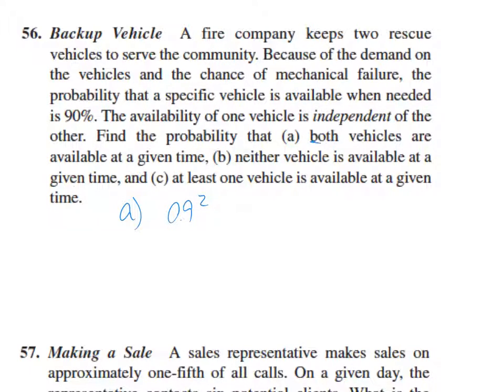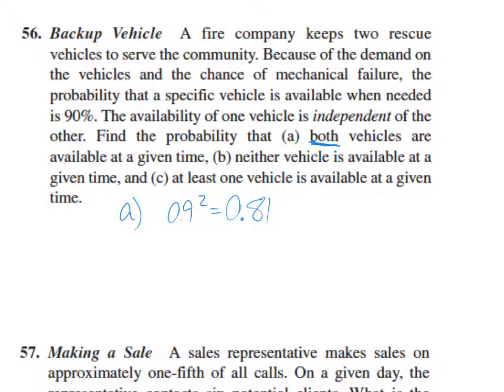Good. It's a both one, so we don't have to go through the whole theorem, right? It's just 0.9 squared. So we'd have an 81% chance of both of them being available. Okay?